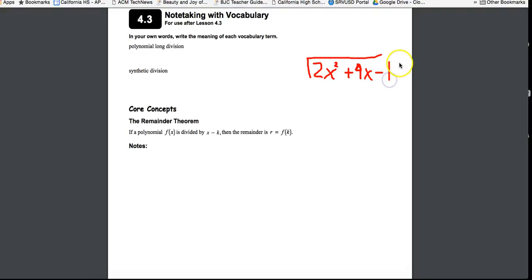A lot of people think that's not even possible. So we're going to divide that by x plus 6. When people see this for the first time, they just don't think that's possible. 2x squared plus 9x minus 18 divided by x plus 6, again, scares a lot of people off.